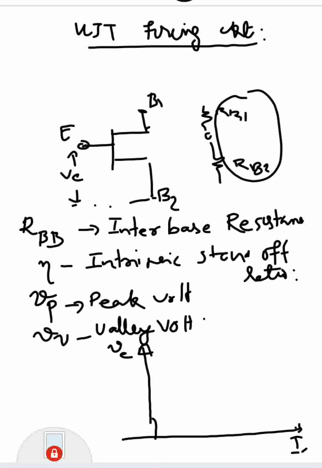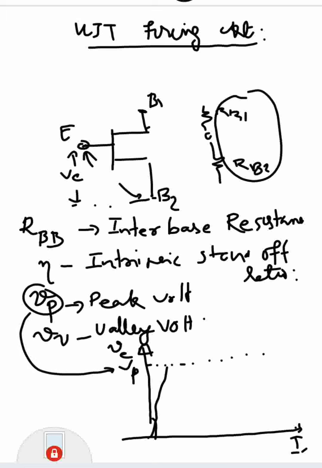Whenever the voltage across the emitter to base junction increases and reaches a particular voltage called the peak voltage, VP, the junction breaks. The voltage across the emitter base junction decreases and drops to a very low value called the valley voltage, VV.